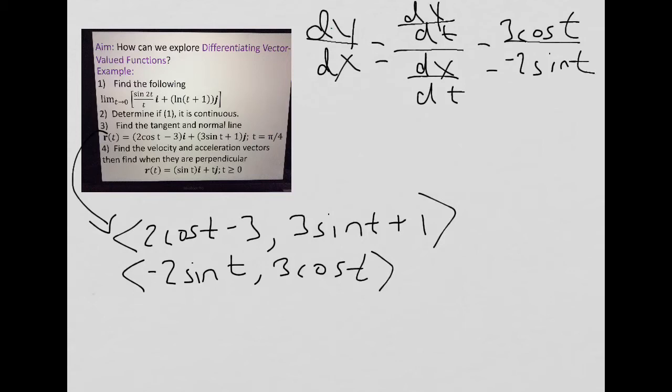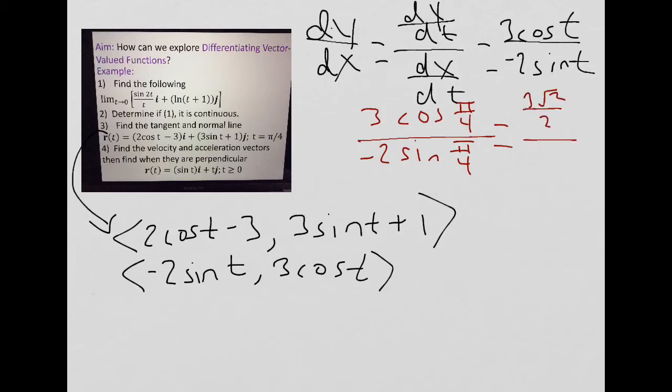Now we want the slope at pi over 4, so we can plug in pi over 4. And that's going to give us 3 radical 2 over 2 over a negative radical 2. It's not going to be over 2 because the 2's can cancel there. And by keep change flip, we end up getting negative 3 halves.